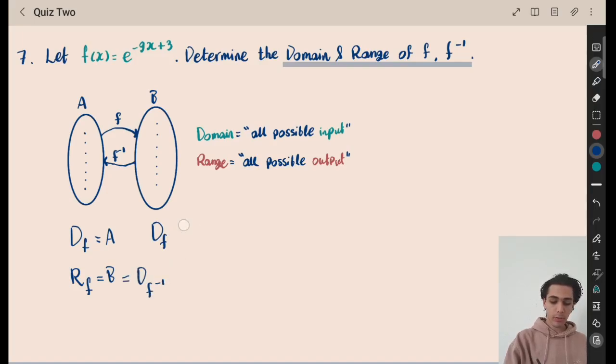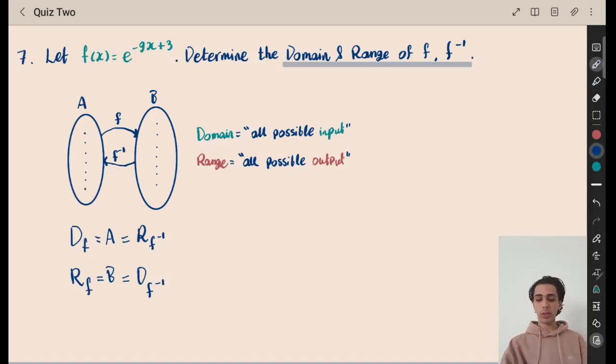So the domain of f inverse is actually the range of f. And this will also be true for the domain of f. It will be the range of f inverse. So this is very important to notice.